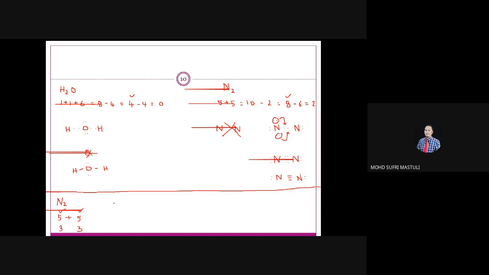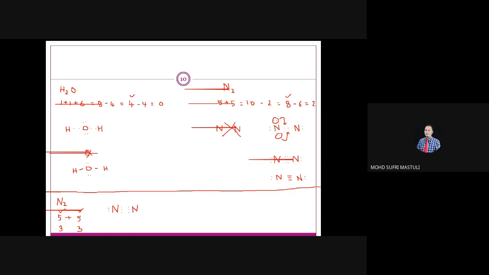So this nitrogen has to share 3 electrons with the next nitrogen, with 3 electrons. So this one uses 3 of its 5, and has 2 extra valence electrons.